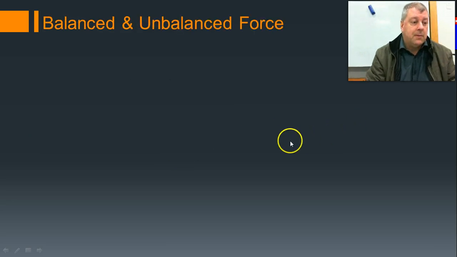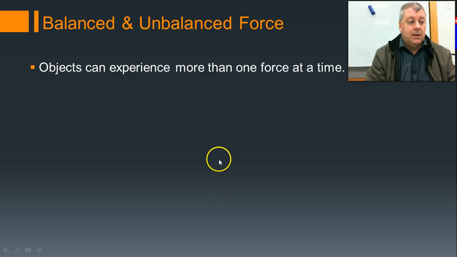There you go. Now, we need to know the difference between balanced and unbalanced forces. Because objects can experience more than one force, we need to work out how they're acting on the object, and whether it's balanced or unbalanced.